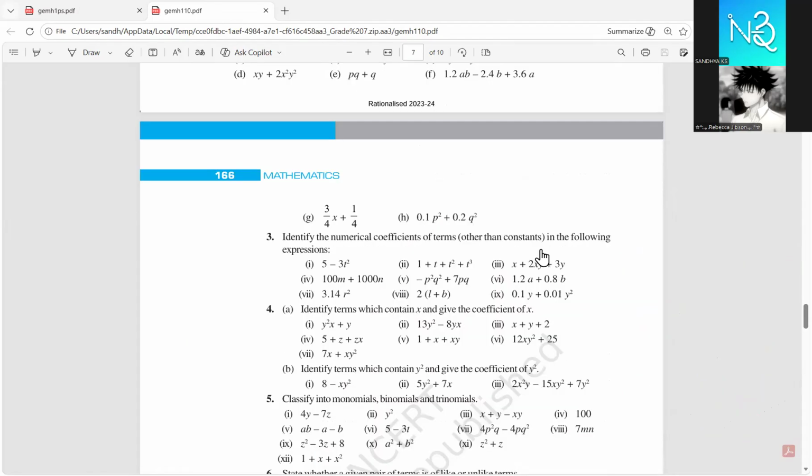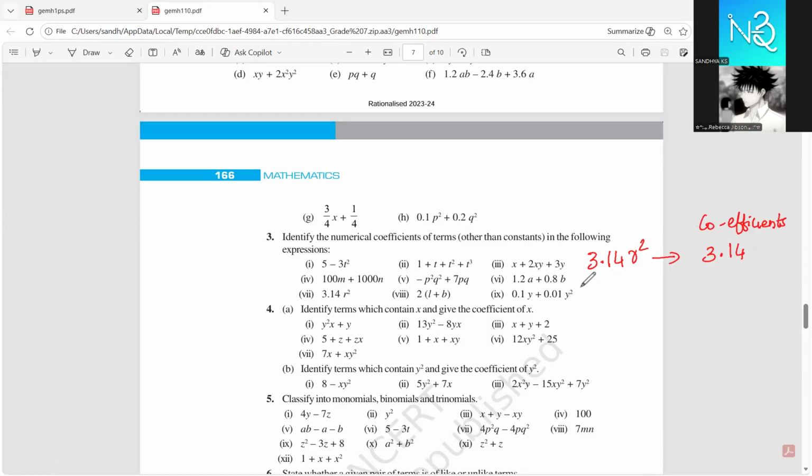Okay, so we will take some examples. The first question is 3.14r squared. Identify the numerical coefficient. What is the answer? 3.14. After the decimal, any numbers, you need to tell the number only, 14, like that.